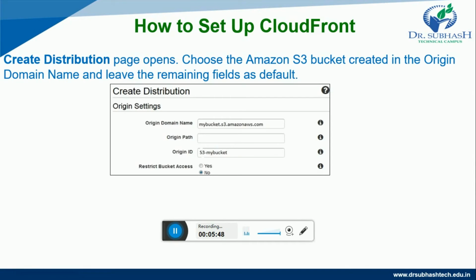Then choose the Amazon S3 bucket and create the origin domain name and leave the remaining fields as default. So friends, here you can see there is a create distribution page. Here you can provide your domain name and remaining fields you can put as they are. That means you can put them as default.